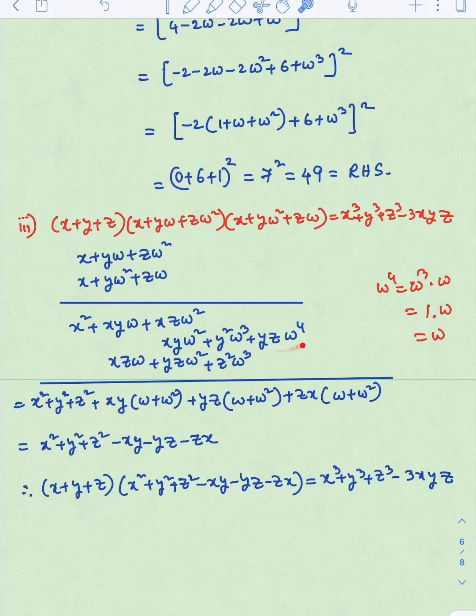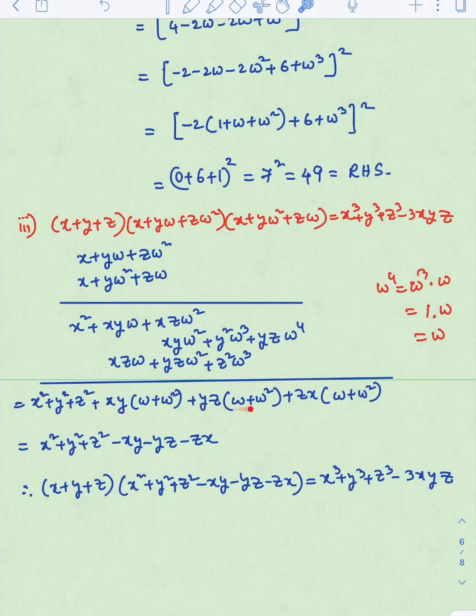Omega cube is 1, no? 1 into omega is omega. That's why here it is omega. When you take yz common in these two, you get omega plus omega square inside the bracket. Next zx. xz is nothing but zx. So these two. Here also omega plus omega square is common.